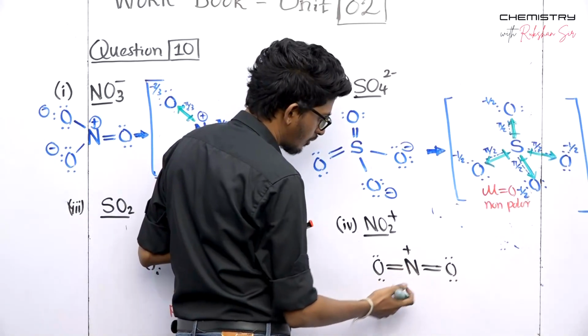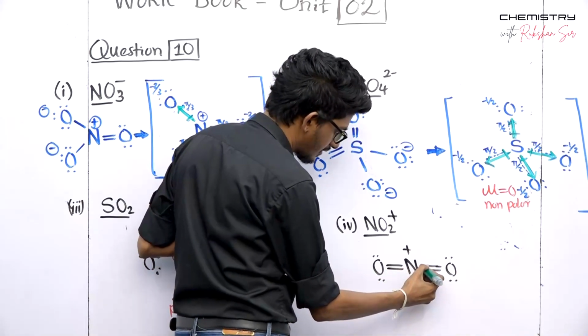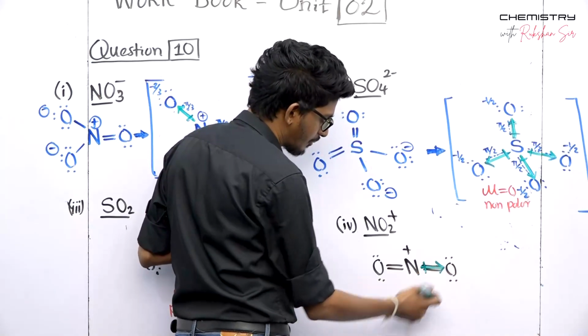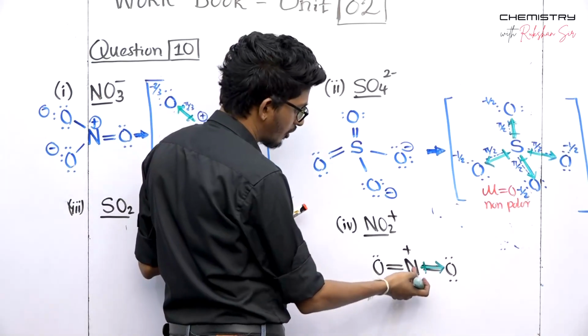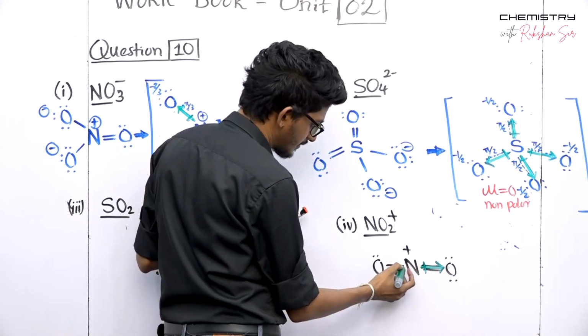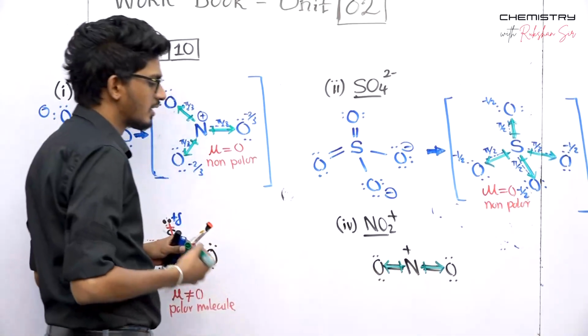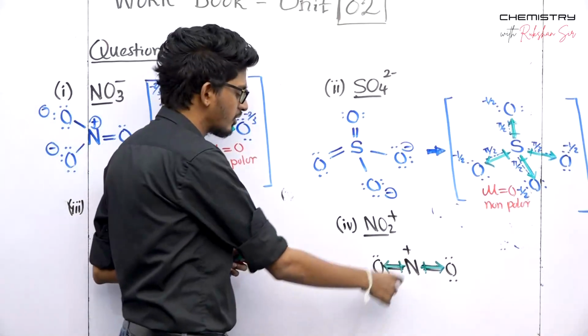So with the NO bond, the dipole moment could be marked like this. Towards the more electronegative atom, the arrow head, and towards the more positive atom, the arrow tail, the positive sign, right? So these two dipole moments will cancel off.